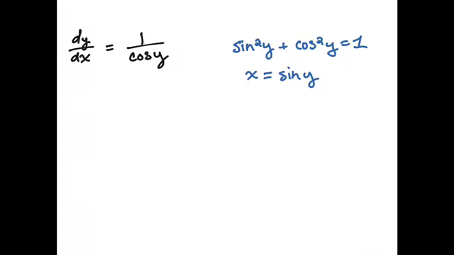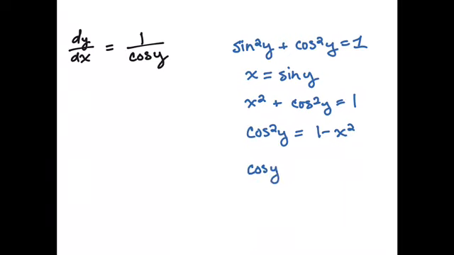So I can rewrite this as x squared plus cosine squared of y equals 1. If I solve for cosine squared, I get cosine squared of y equals 1 minus x squared. Then if I take the square root of both sides, I get cosine of y equals plus or minus the square root of 1 minus x squared.